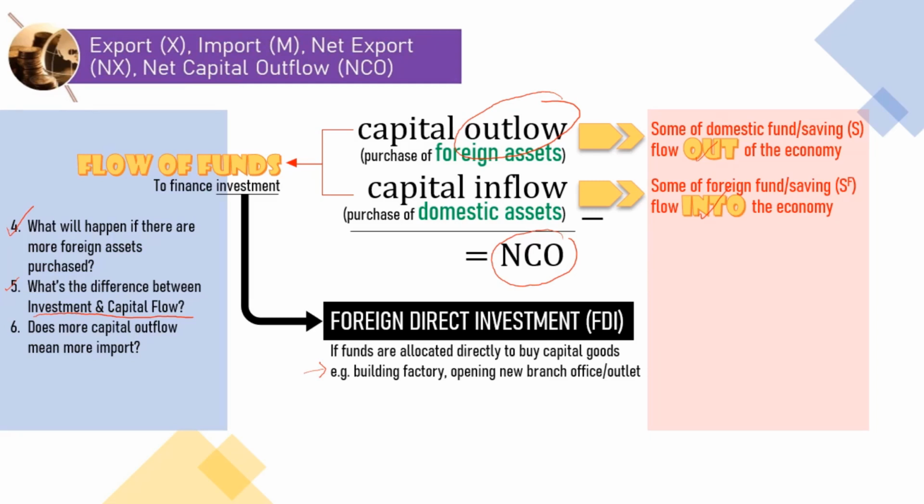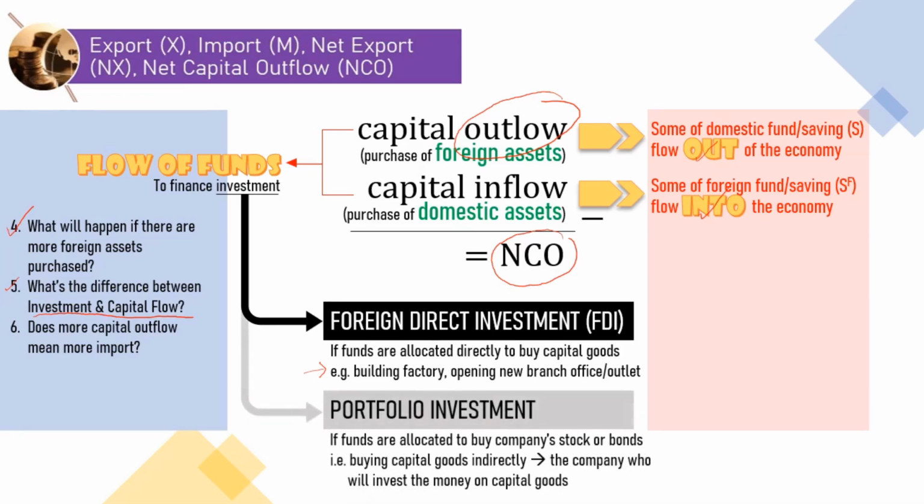On the other hand, capital funds may flow in or out of a country, but the use of funds is not directed by the funders. This is what we call portfolio investment. Funders in this case just buy companies' or countries' securities, but the investment or the purchase of capital goods is made by the companies or countries.